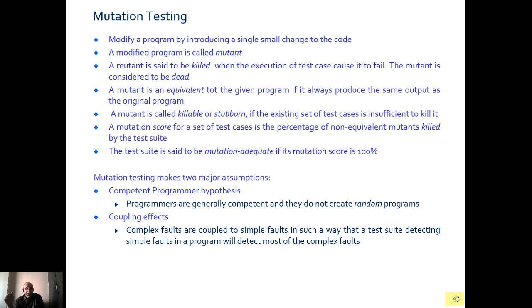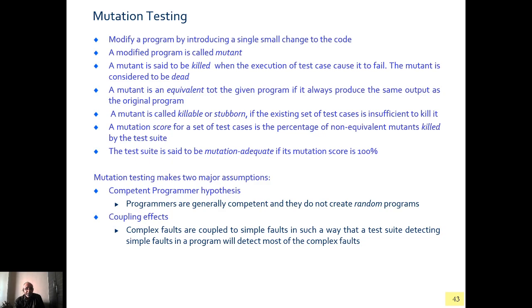If the changes made to the original program still provide the same output, then it is acceptable, it is equivalent. A mutant is killable or stubborn if the test cases are insufficient to kill it.